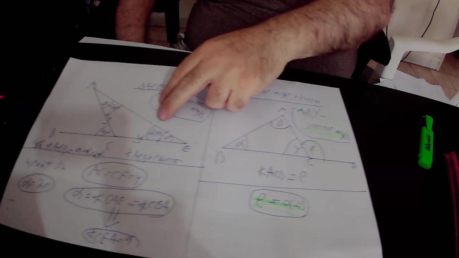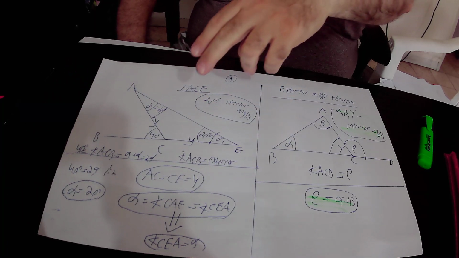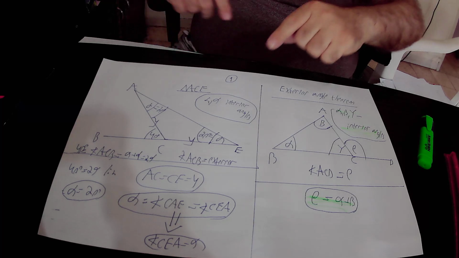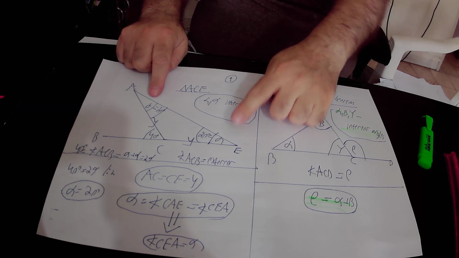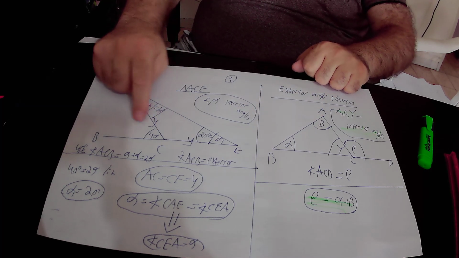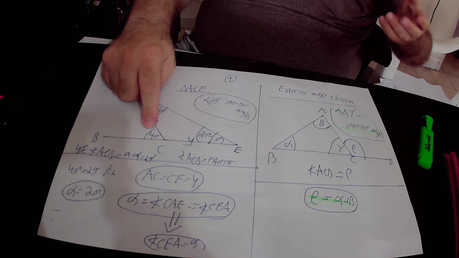Then we implemented the exterior angle theorem in this triangle ACE. Those two angles, alpha and alpha, are defined as interior angles, and this angle ACB that is equal to 40 degrees is defined as an exterior angle.